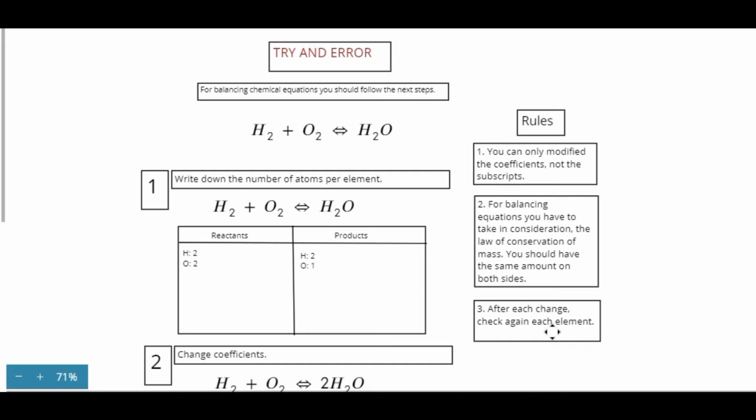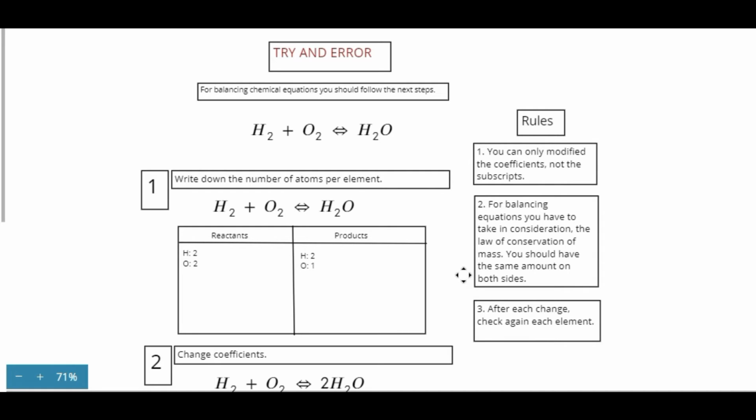There are three main important ones. One, you can only modify the coefficients, not the subscripts. The subscripts are the small numbers and the coefficients are the big ones. Two, for balancing an equation, you have to take into consideration the law of conservation of mass. You should have the same amount on both sides. I will explain that later on. And three, after each change, check each element again.